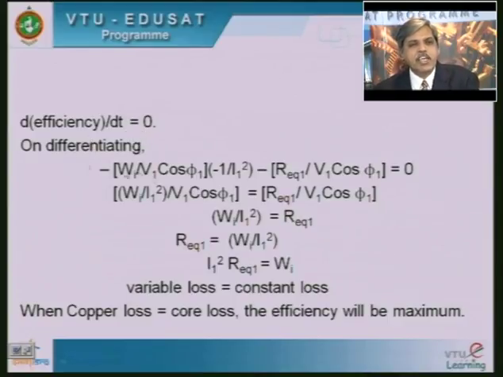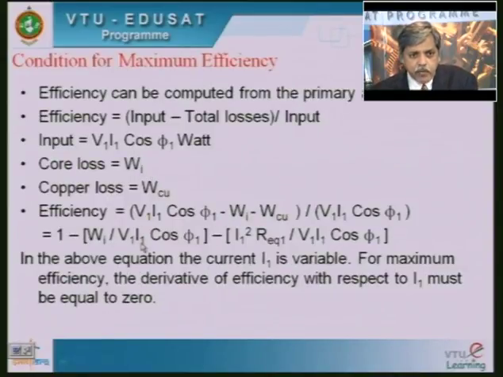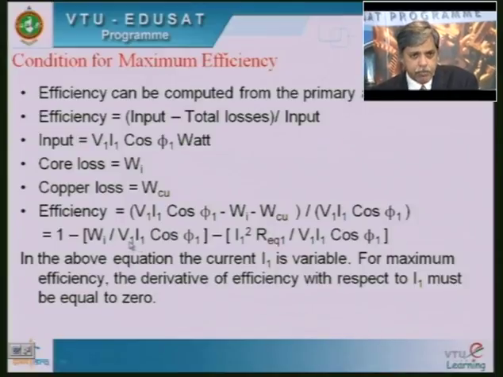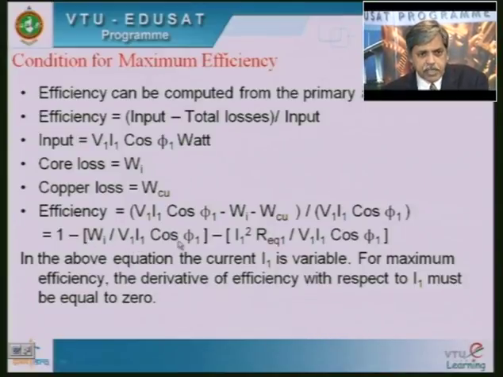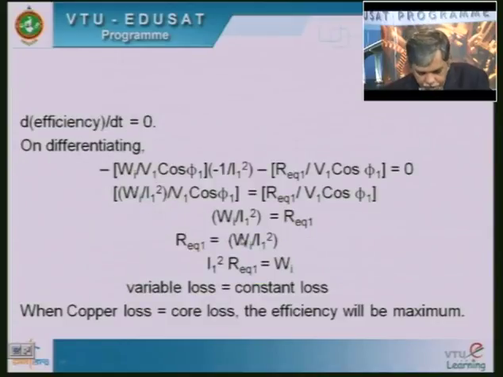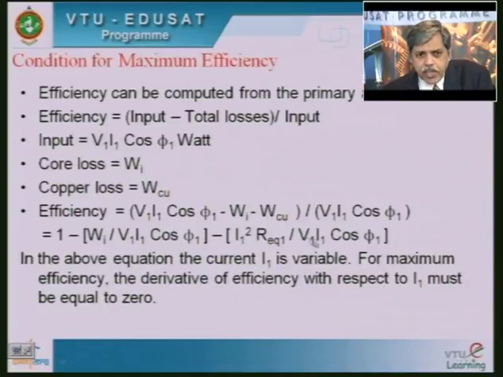On differentiating with respect to the current, if you see the previous equation, I have I1 in the denominator of the second term. Therefore, remaining terms being constant, I need to differentiate 1 by I1. Here I can cancel one I1 with one I1 in the denominator, so I1 square divided by I1 will give I1 only.